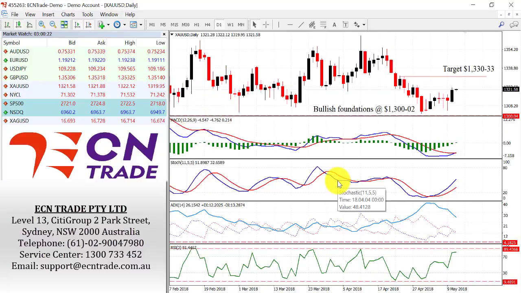Gold overnight surged on a significant rally of $12, and as the US dollar tumbles, the market now looks further towards 1,330 as the next challenge, easing the tension from the downside.